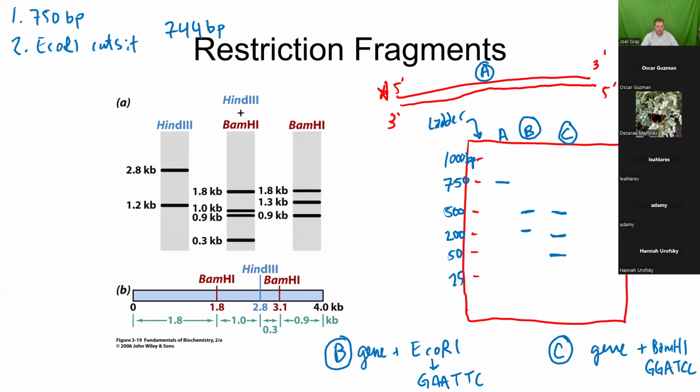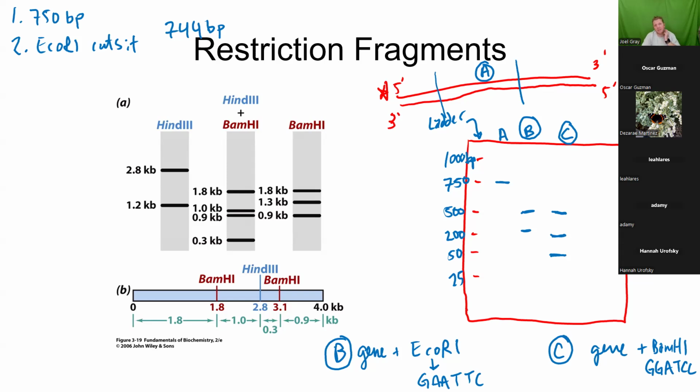So now what we've done is we've said, okay, well, we know that since our linear piece of DNA gets cut to produce 3 fragments, GGATCC is somewhere in there 2 times. Because it's linear. If we cut it 1 time, then we get 2 pieces. If we cut it 2 times, we get 3 pieces.